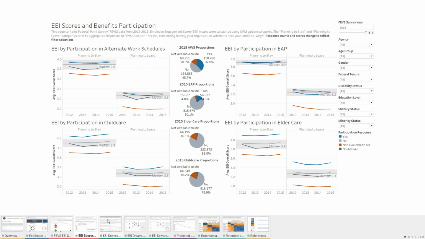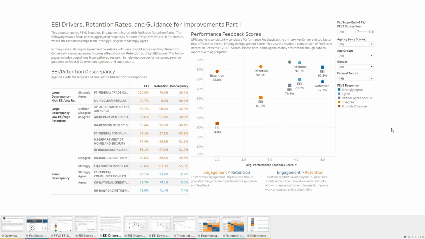So now that we have a better understanding of those two data sets, especially looking at all of those breakdowns and overviews and exploring them a bit, we can actually start comparing the two data sets together. So remember I mentioned that the planning to leave question in the survey is not a good indication of retention just by itself. That statistical significance is not there.